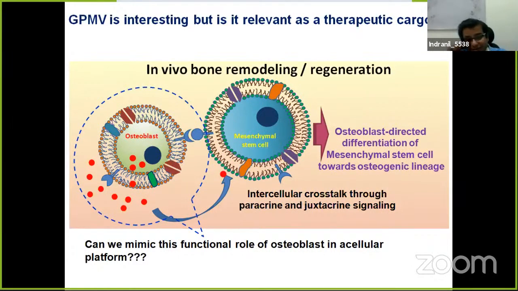One very interesting thing in this regard we did: most of the time, people are trying to differentiate stem cells with the help of different kinds of reagents or growth factors to one particular lineage.